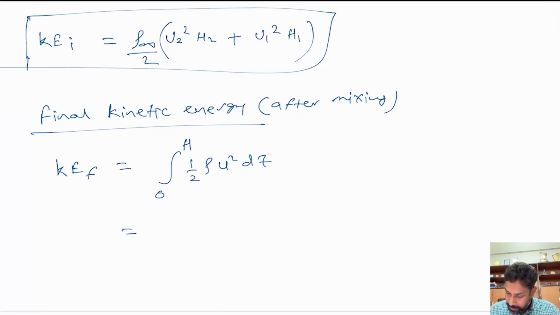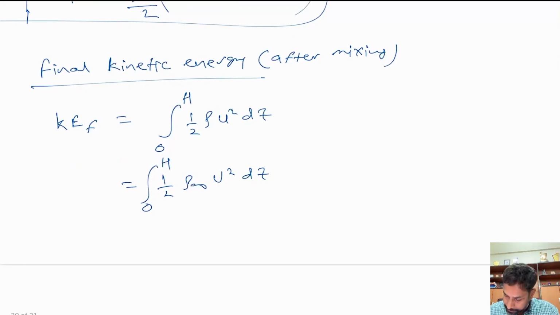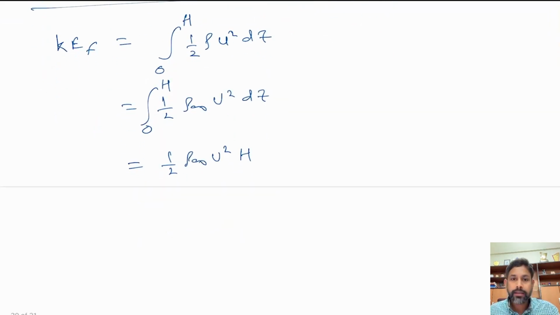But now we know that u is depth average velocity, and rho can simply be considered as rho infinity again. So rho infinity u square dz from 0 to h gives us half rho infinity u square h. Okay, this is the kinetic energy we get after mixing.